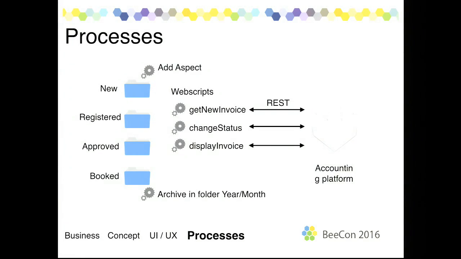Missing things. Accounting platforms, and everything is done with REST calls, and I've built web scripts there. Very simple. Everything I built is basically an API to get the new invoices or to change them. So everything here is just through 2 or 3 calls with parameters.